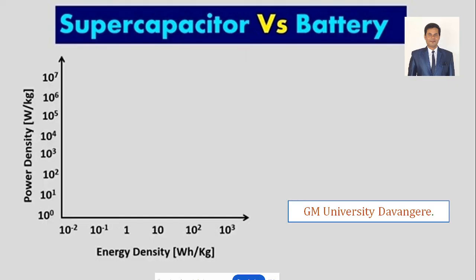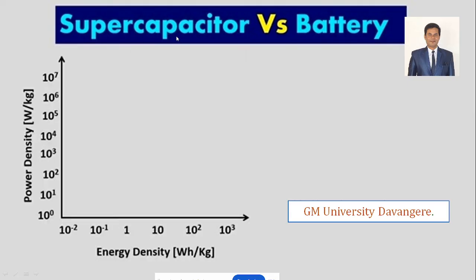We shall consider the capacitor and the batteries, right? Which is dominating in which factor? Whether the capacitor is dominating in energy or the battery is dominating in power. Let us see if we keep these two parameters at a time.